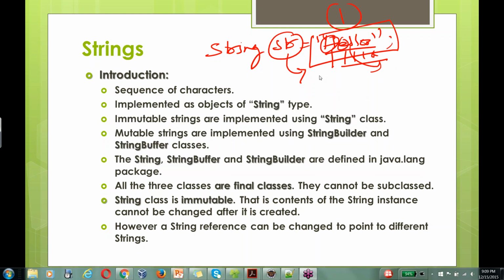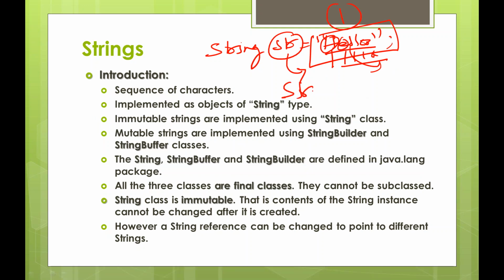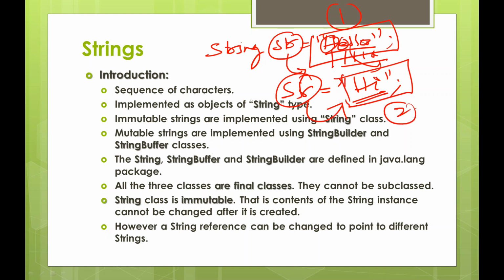But if you want to change the contents of this string, we can do that. But now str will be pointing to a different address location. Say for example the address of this is 2. Now str will be pointing to 2, not 1.